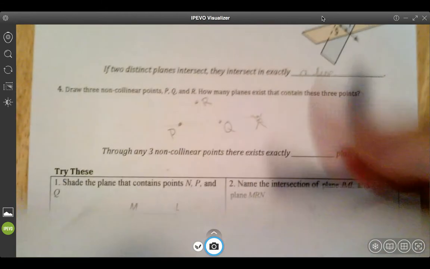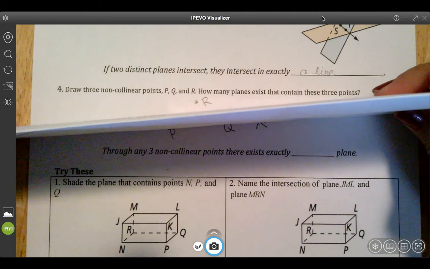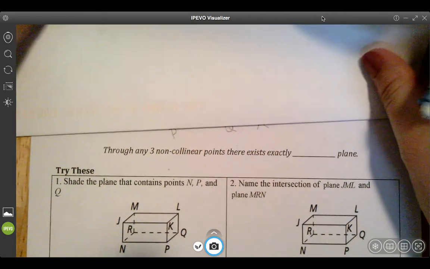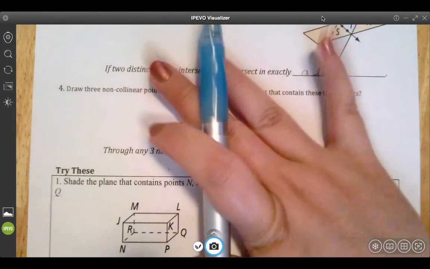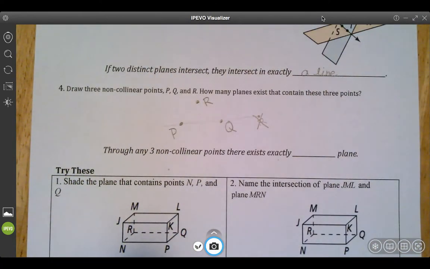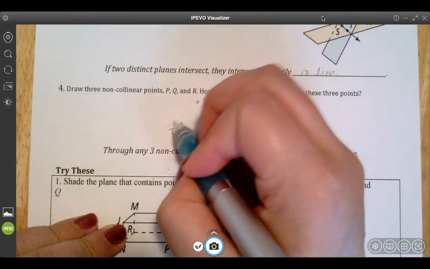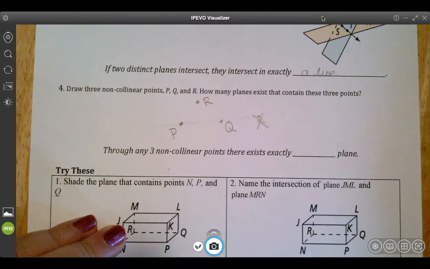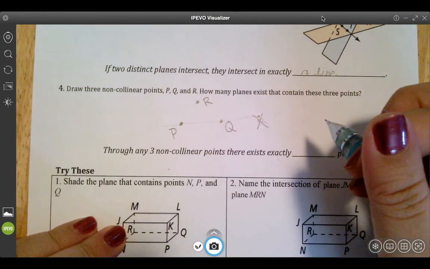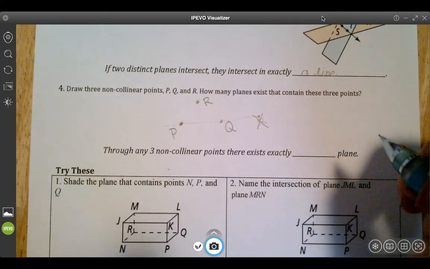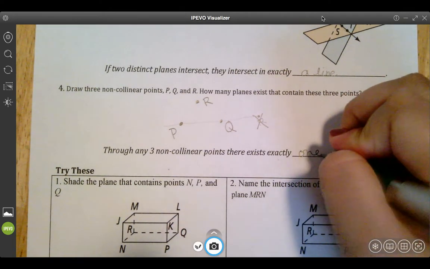So if it goes through the points P and Q, but it also has to go through the point R, it's going to have to lay flat. And in order for it to go through the point R, it has to be exactly flush against that piece of paper, which means that it's the same plane. So any 3 non-collinear points go through exactly one plane.